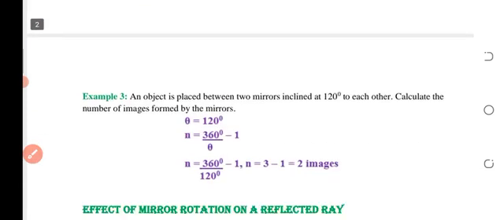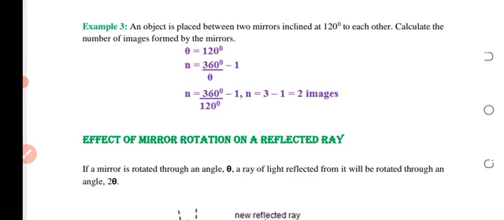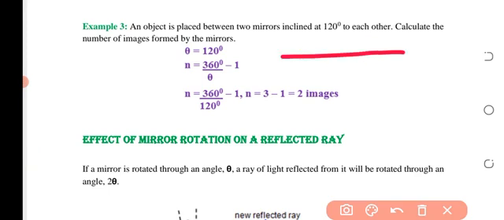Let's say in our example 3, an object is placed between two mirrors inclined at an angle of 120 degrees to each other. That is, we have two plane mirrors that are inclined at an angle of 120 degrees to each other, and an object is placed in between them. So what would be the number of images formed in the mirror?